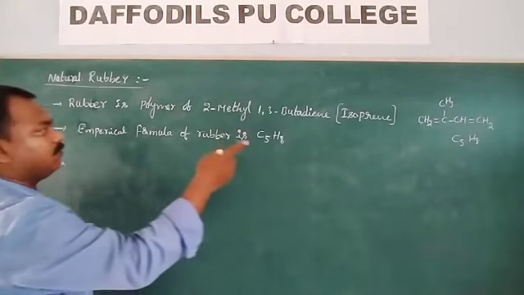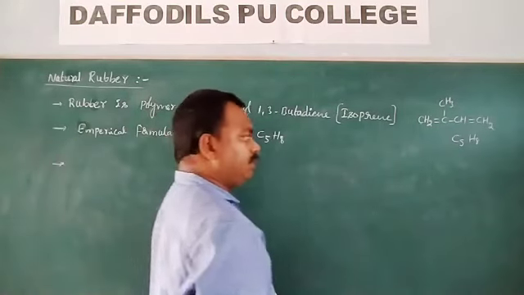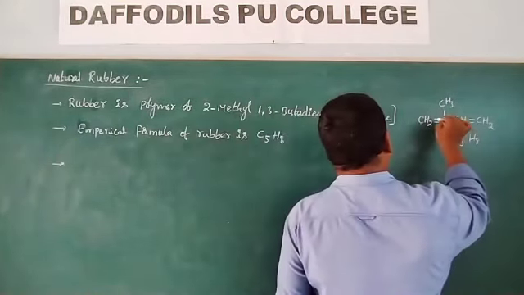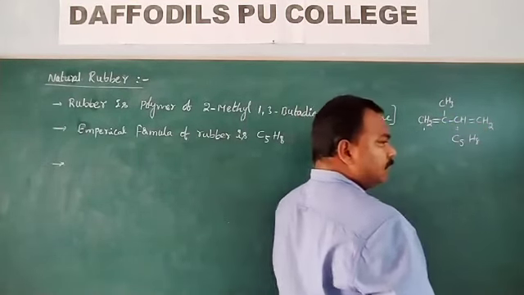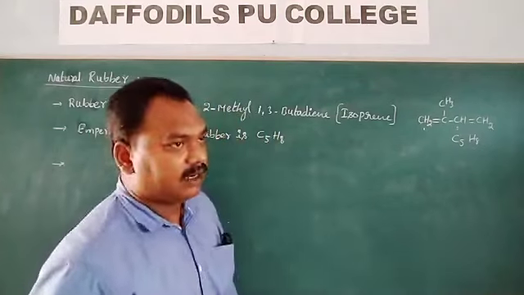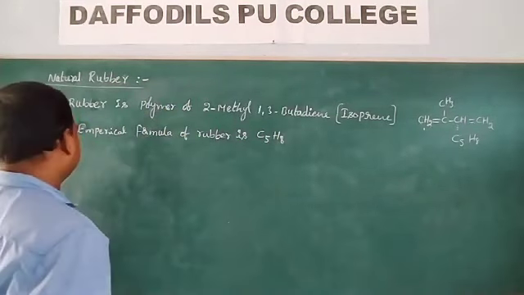In this 2-methyl 1,3 butadiene, the double bonds are present at the first carbon and at the third carbon.